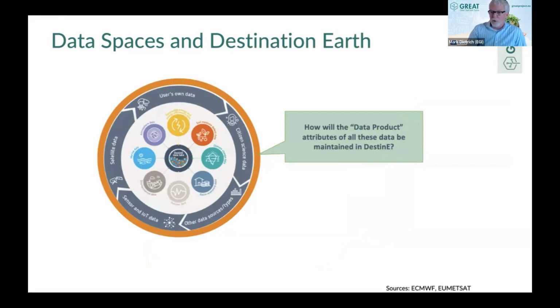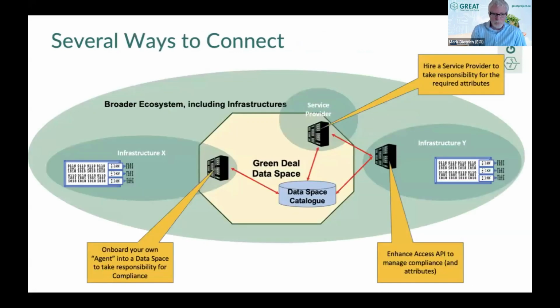Now, I saw an interesting point there in terms of Destination Earth being built on the simple middleware, which supposedly will have tools for this, but I am curious how this will feed into the Destination Earth architecture, and how those specific attributes will be maintained through these very complicated processing steps of the digital twins they're creating.